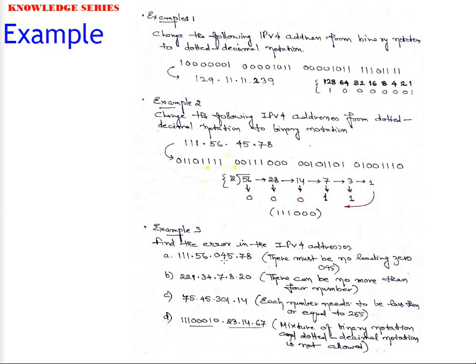No leading 0 should be there, as in 045. In this case, you can see that there are 5 different groups. There cannot be more than 4 decimal numbers, but 5 numbers are shown. In this particular scenario, you can see it is showing 301. It cannot exceed 255, so that is wrong. In this case, you can see that it is a binary and a decimal mixed, so you cannot have mixture combinations like this. So this is an example of this.